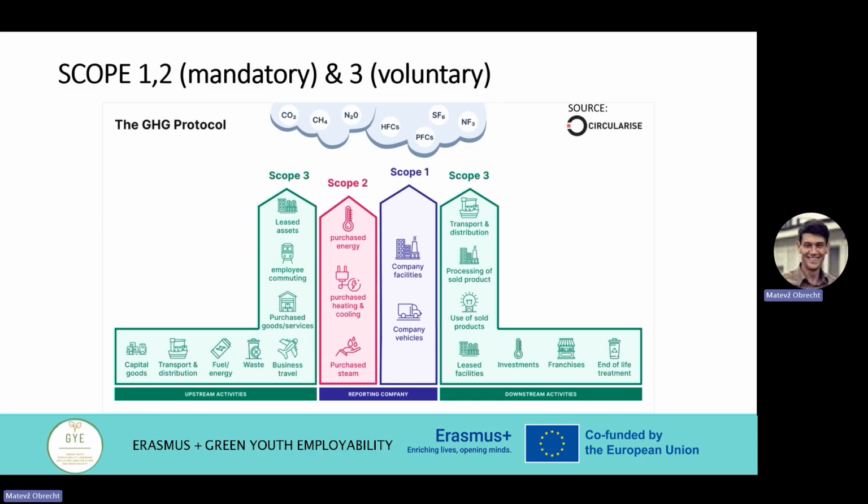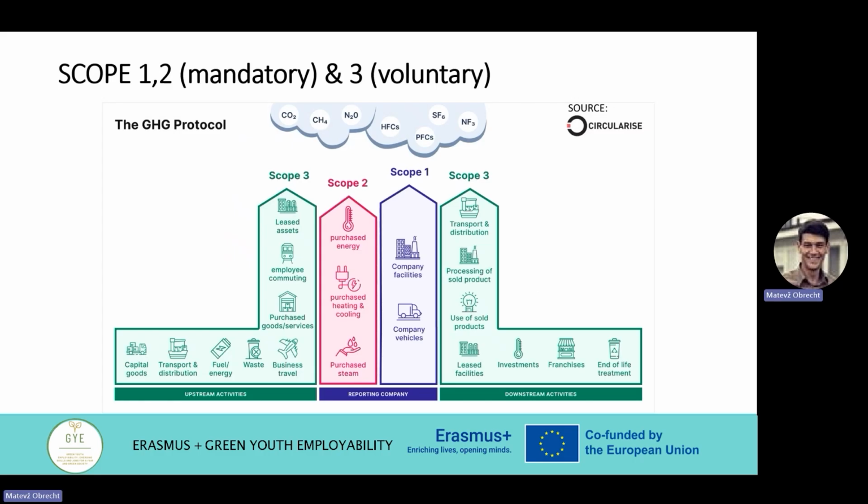It's actually a part of that logistics company's carbon footprint. However, we can still calculate it because it is actually caused by us. Scope 3 means indirect activities, indirect emissions, and this is a part which companies do not necessarily have to report in the same way as scope 1 and 2.